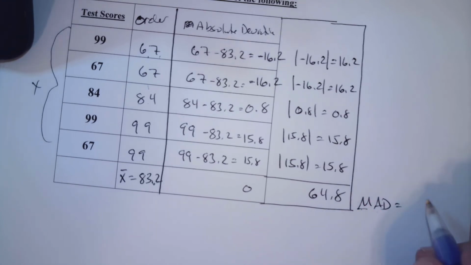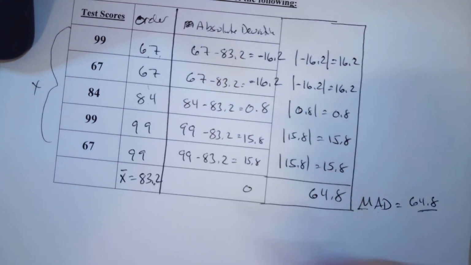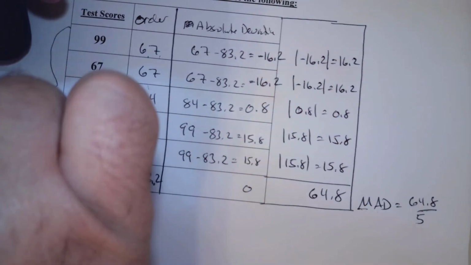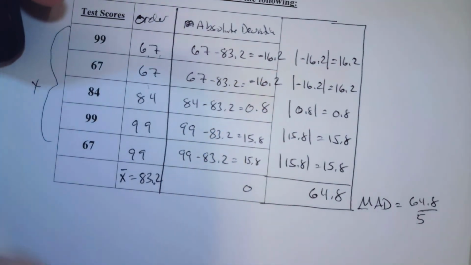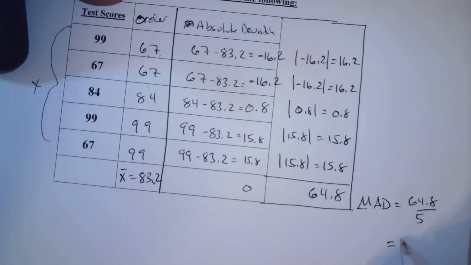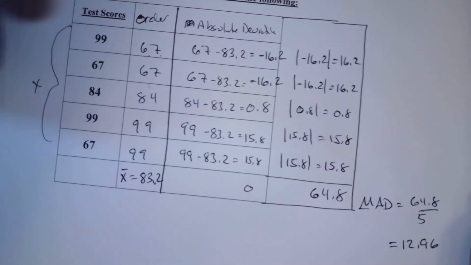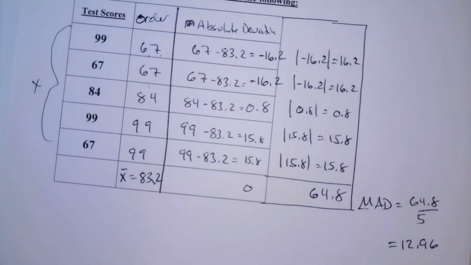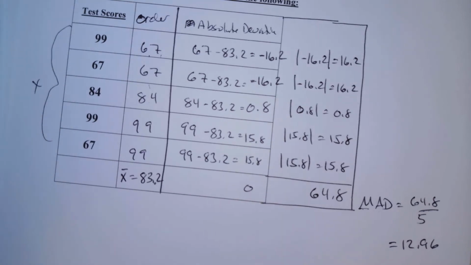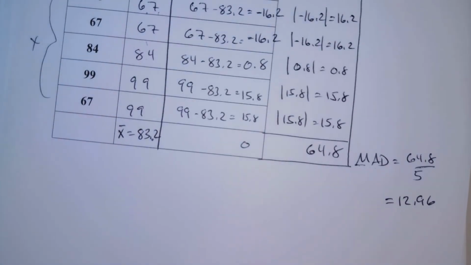Now we want the mean, so we take the average of it: 64.8 divided by 5. We get 12.96. So that tells us that's the average distance from all the points to the center, to the mean.